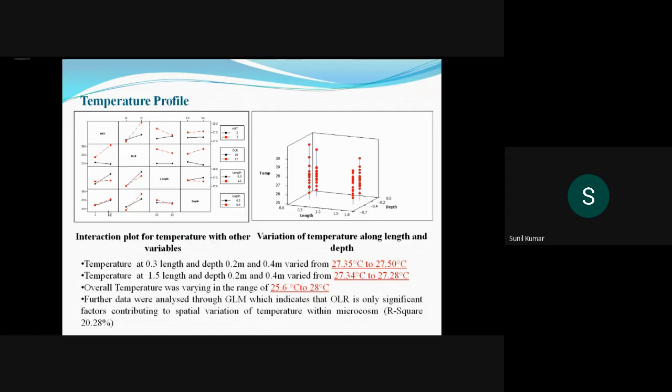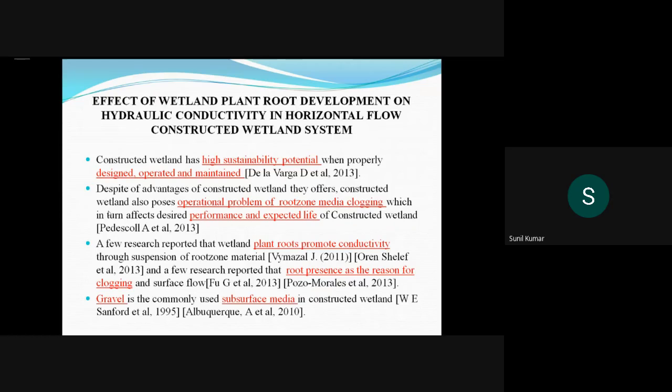Then the effect of plant development inside the constructed wetland is also a very important thing. See, there are 2-3 contradictory results in the scientific community. One is that the root zone is getting choked due to the continuous growth of the roots and accumulation of the root zone media and organic matter.